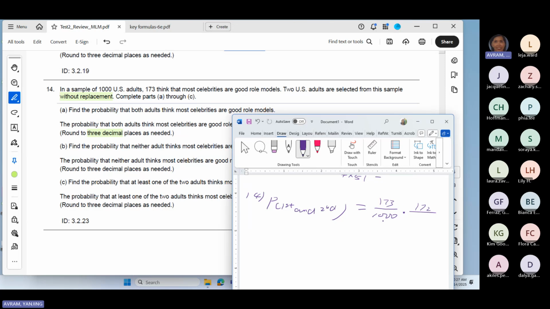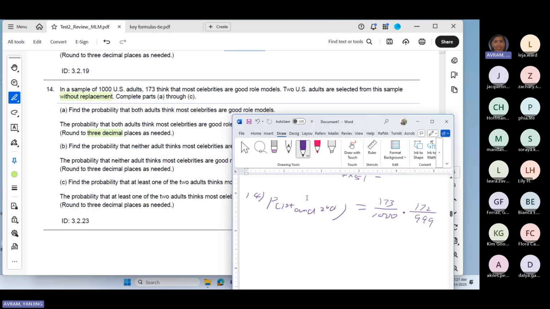Same thing, the sample space is going to be 999, so you have the minus 1 here. Why do the numerator and denominator both go down by 1? Because you want both adults thinking the same thing, thinking they are good role models. So the first one is already out, so 173 will be 1 less, and same thing for the sample space.